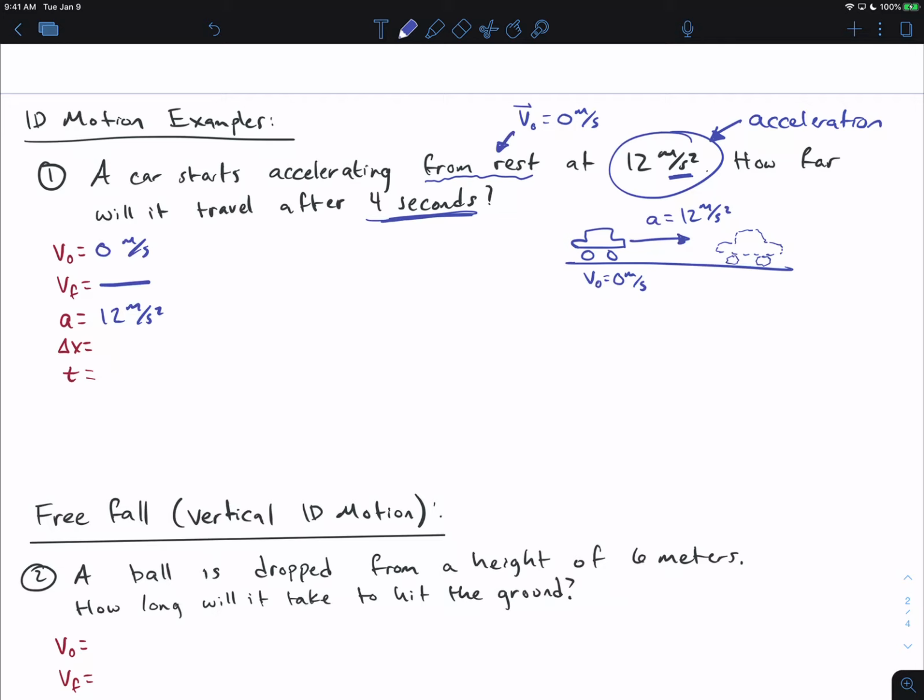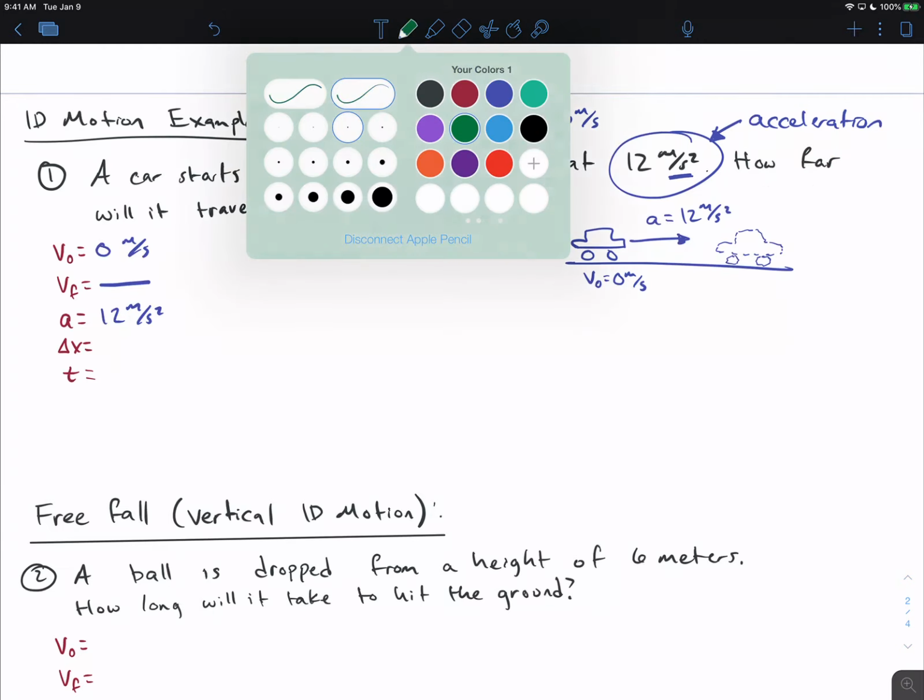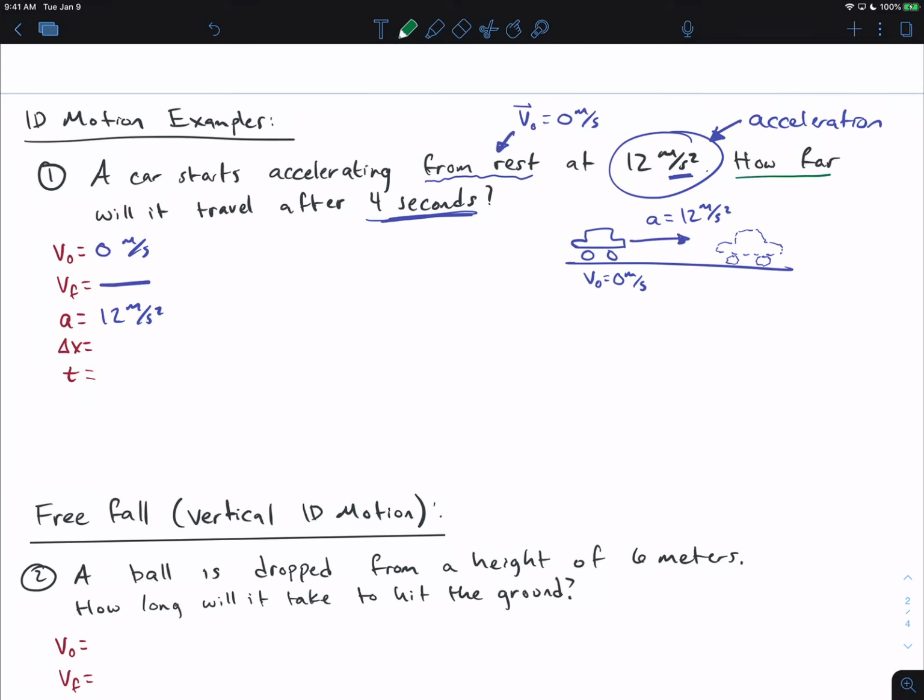So I know my acceleration, it's 12 meters per second squared, this is good. Displacement, I don't know it, but if I look at my problem here, it says how far will it travel? This right here, how far will it travel, is describing some sort of distance, some sort of length, right? This is a displacement.